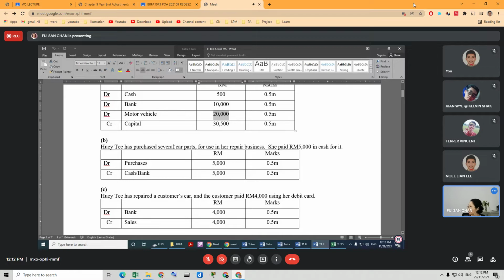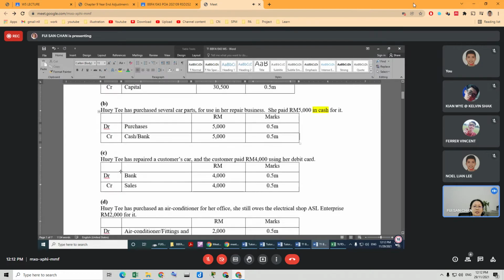So this is your purchases. So you debit purchases, you credit cash. The keyword here is in cash, so you credit cash. Here, if you put bank, it is also okay, cash or bank.